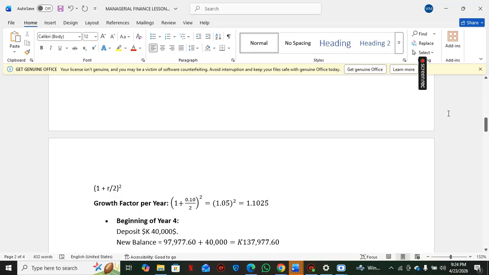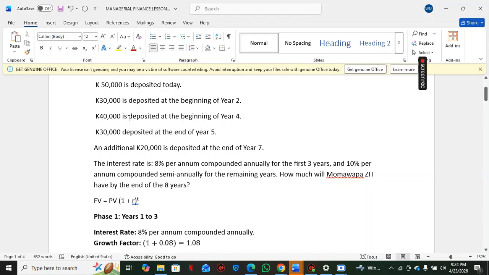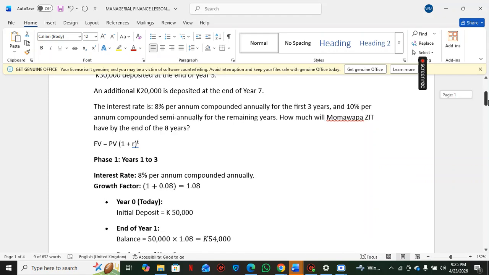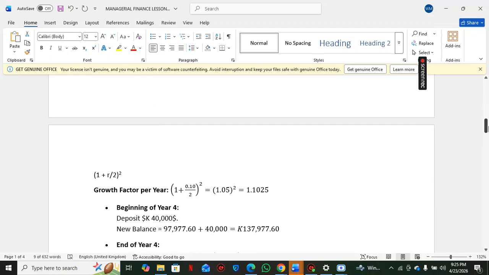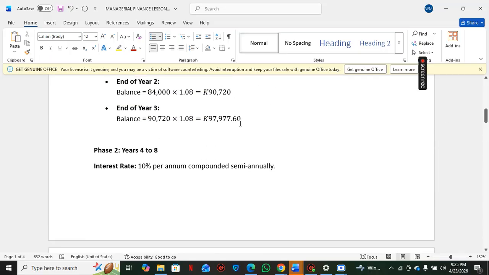So remember, according to our timeline, this person is depositing 40,000 at the beginning of year 4. And then remember our balance for year 3. We ended year 3 with 97,977.6.